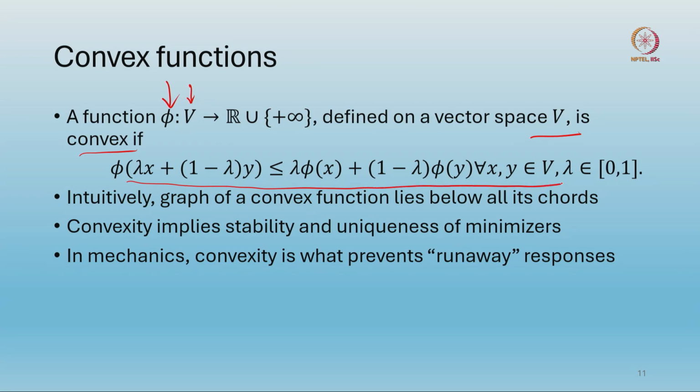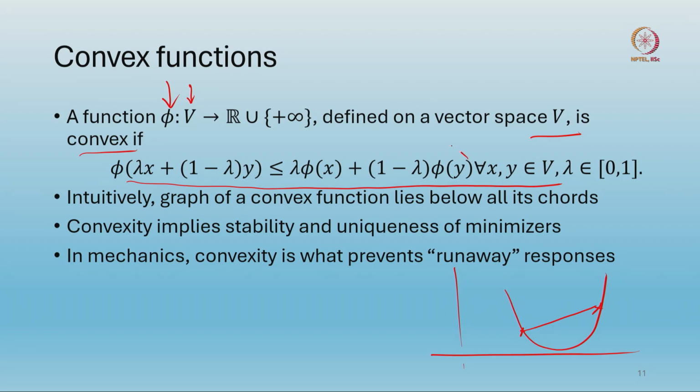That means it is something like this. Suppose this is the function, this is my axis. If you take 2 points on this function and draw a chord, a line joining the two, then any point on this line must be above that function if it is convex. This is exactly what is stated here.